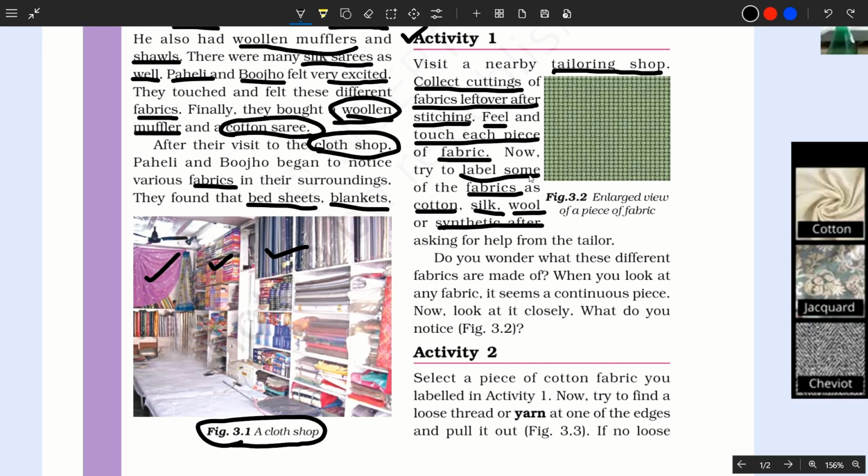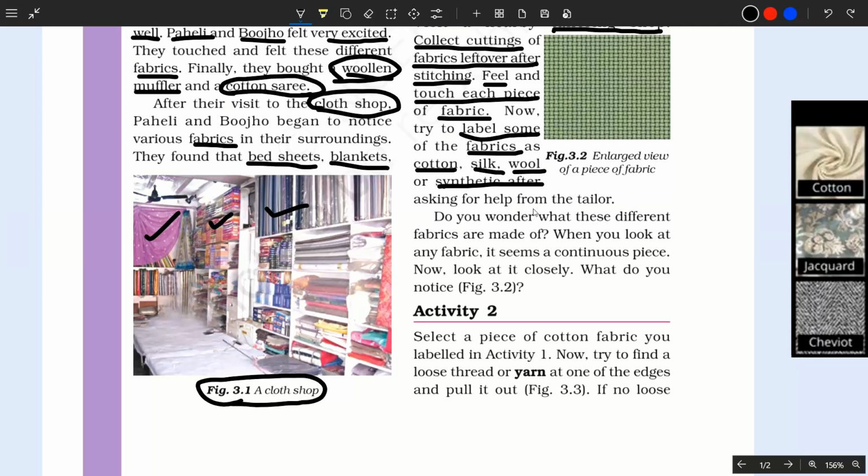Then label it. By asking the tailor, you can write down which fabric you are sticking in your book. It may be cotton, silk, wool, or synthetic. After asking for help from the tailor, do you wonder what these different fabrics are made of?